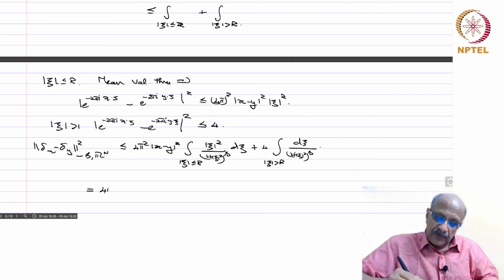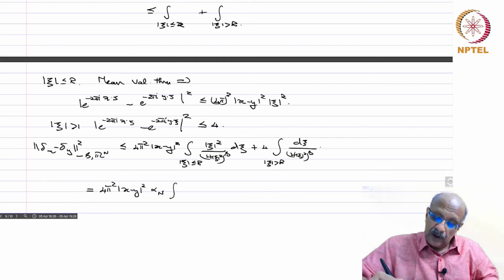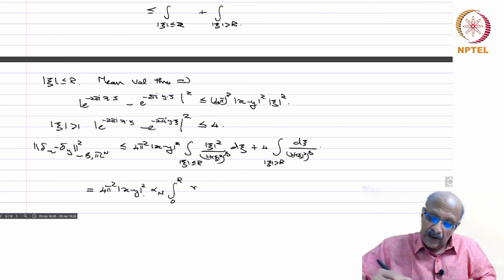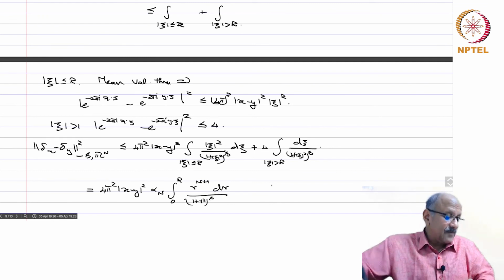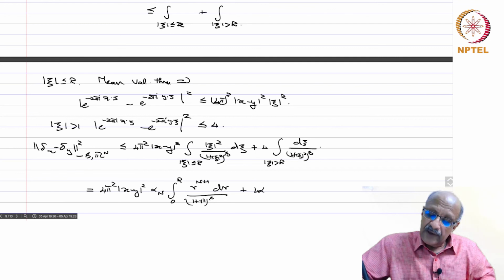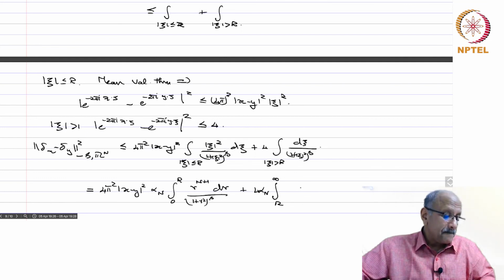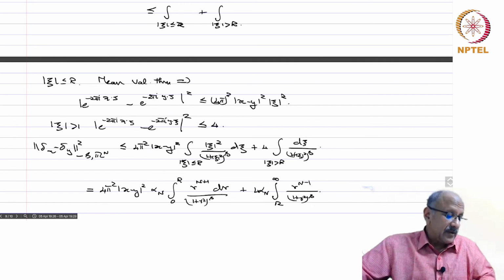Which is equal to 4 pi squared mod x minus y squared, and then I write it in polar coordinates: the integral from 0 to r of r to the n minus 1, you get alpha n, and then there is already r squared here, so you get r to the n plus 1 dr by 1 plus r squared to the power s, plus 4 alpha n times the integral from r to infinity of r to the n minus 1 by 1 plus r squared to the s.